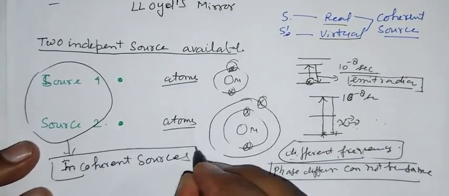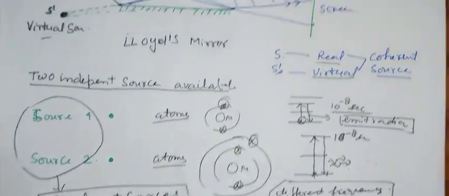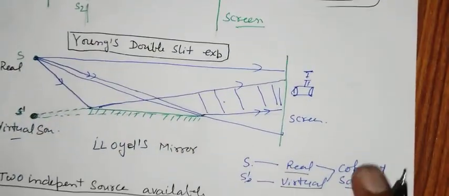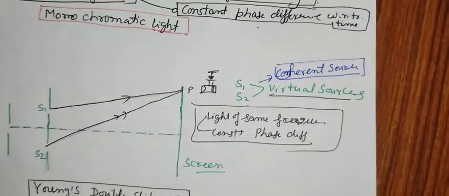Incoherent sources cannot produce the phenomenon of interference. It can be produced only by coherent sources, either in the first case or the second.